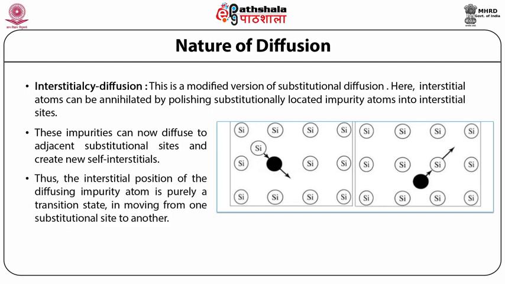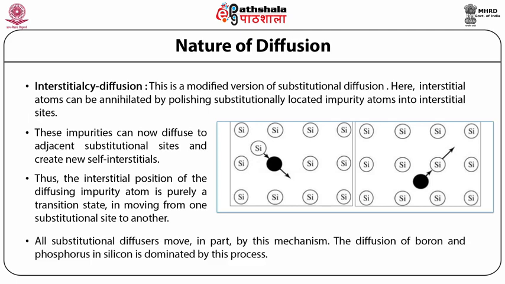Thus, the interstitial position of the diffusing impurity atom is purely a transition state in moving from one substitutional site to the other. This increases the concentration of vacant substitutional sites over its equilibrium value, so that interstitialcy diffusion is somewhat faster than substitutional diffusion. All substitutional diffusers move in part by this mechanism. So the diffusion of boron and phosphorus in silicon is dominated by this process.